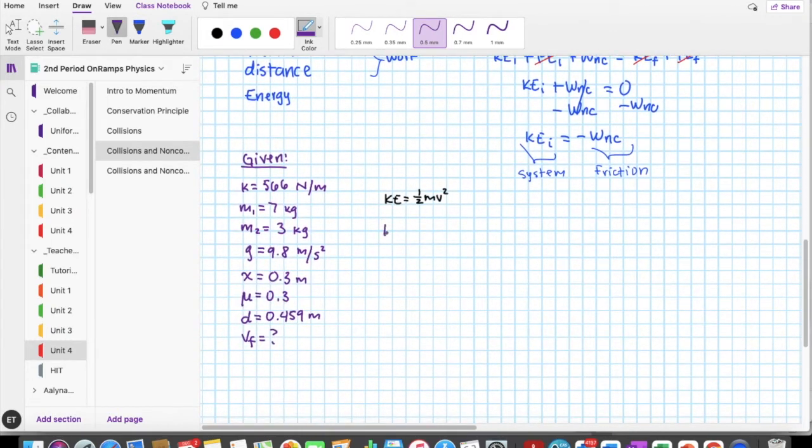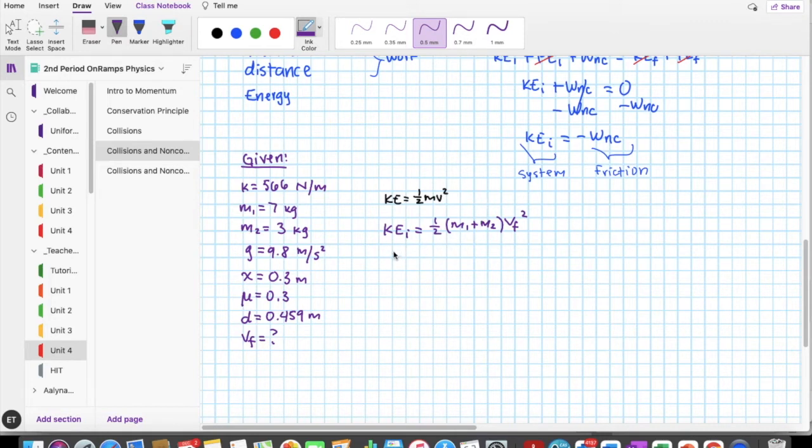So in this case, we'll say the kinetic energy initial of the system is 1/2 both masses combined, so mass 1 plus mass 2, times the final velocity squared, right? This is after the collision. I know it's funny, the kinetic energy initial, that is initially on the system before it stops. That's why you have initial and final. Hopefully you don't get confused, right? So just know that this is the kinetic energy right after the collision.